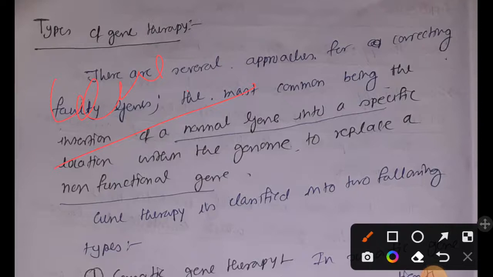That means we have to incorporate the therapeutic protein coding gene in a vector, then transport it inside the cell within the body. Then in the cell the gene will be expressed with the help of the cell machinery and protect us from those kinds of genetic disease by correcting those faulty genes.